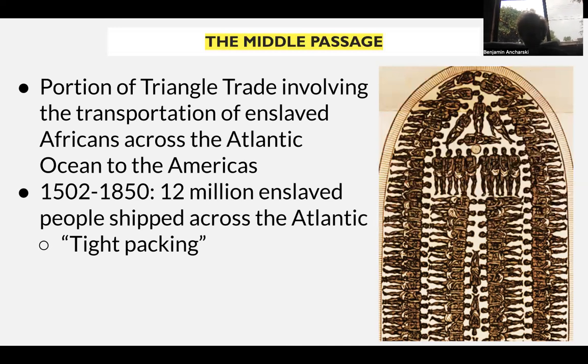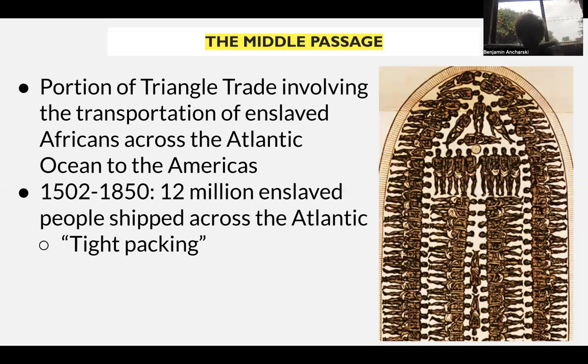It's extremely tight conditions, oftentimes segregated between men and women. Disease was rampant, would flourish amongst the people below deck. There was no sunlight. Oftentimes, there were instances of going on deck to dance for exercise, oftentimes to entertain, quote unquote, the European captains, European sailors.